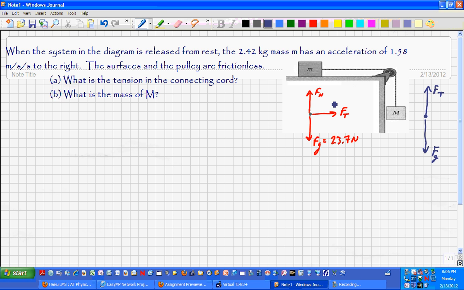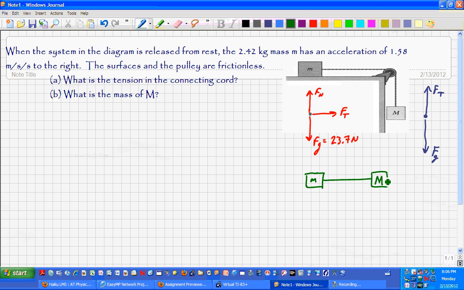The other thing we've done is we've drawn a third force diagram in order to linearize this. It's what I call it. I don't know if there's a better word for it. Essentially we've got little m over here, and then we pretend this pulley isn't here. All the pulley does is redirect force anyway. So it's the same tension force in this entire cord. So we just straighten it out and pretend the pulley is not there.